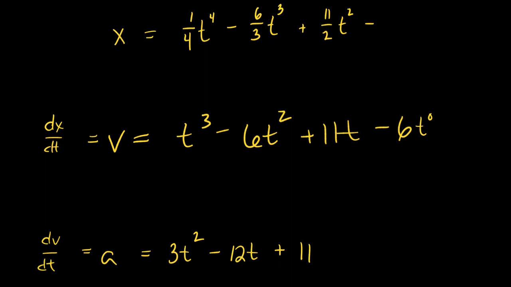Add 1 to the exponent, divide by the new exponent. Now, I didn't tell you where the object started, so I need to make sure we add a constant in here to remind ourselves that we don't know the initial position of the object, the position at time 0.